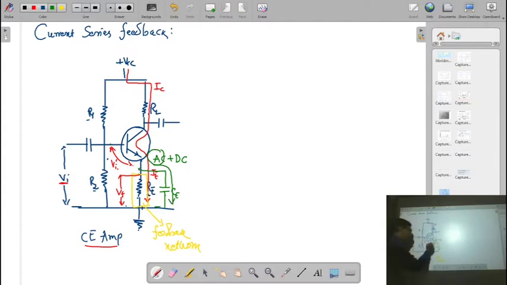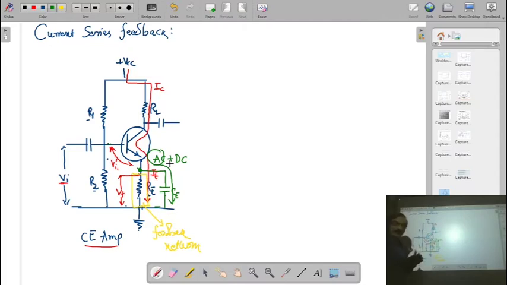Only the DC voltage remains, and this DC voltage is used for the stabilization. So in a common emitter amplifier, we use this capacitor to bypass the AC. Means there is no feedback. Only the feedback is of a DC.